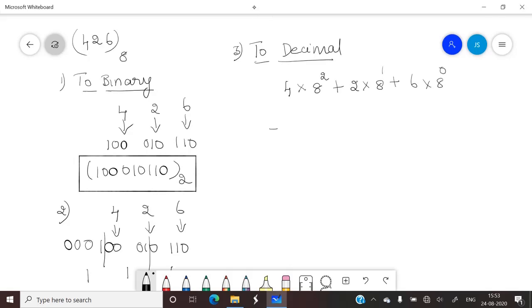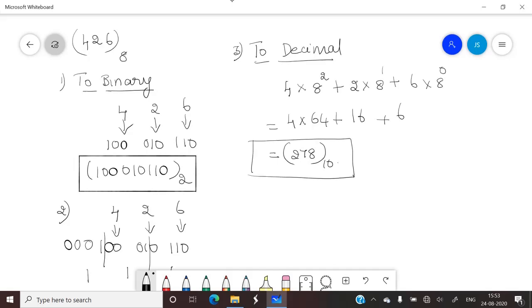This is equivalent to 4 into 8 power 2 is 64 plus 16 plus 6, that is equal to 278. So this is the decimal equivalent of the octal 426.